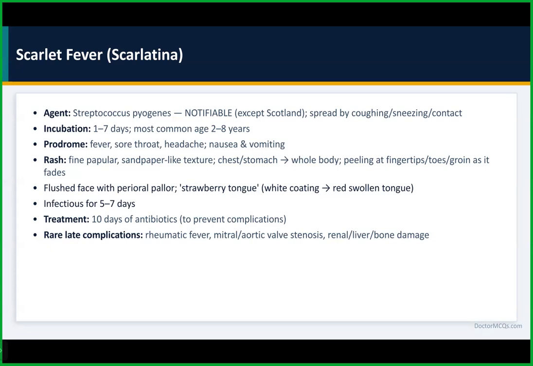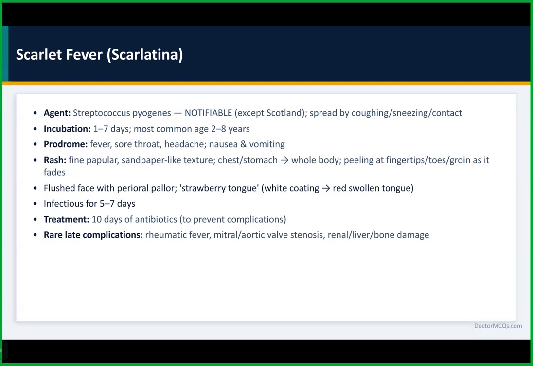The rash is fine papular, or you can say sandpaper-like in appearance. Again, central distribution on the chest and stomach first, then the whole body, and there could be peeling of the fingertips, toes or groins as it goes away.